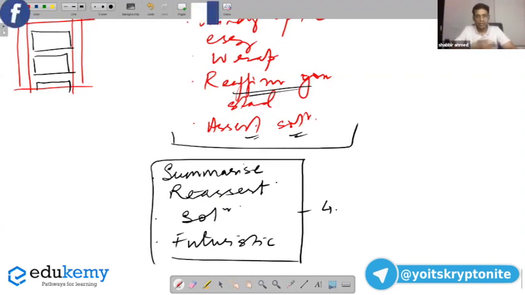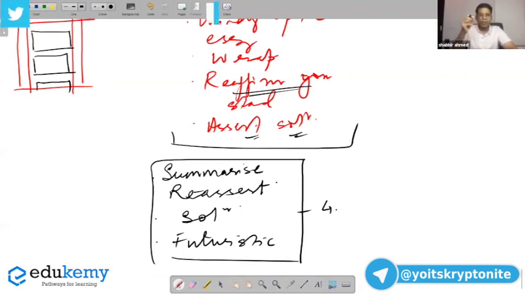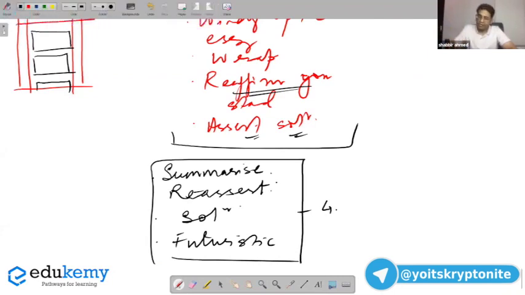Summarize, आपने जो कहा है summarize कर लो, फिर reassert कर लो. Okay, summarization is quickly mention couple of reasons and then reassert. Therefore, this is what I believe. Okay, having said it, अगर scope है, some solutions you can talk about here.